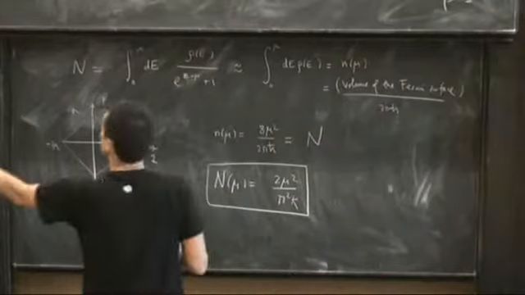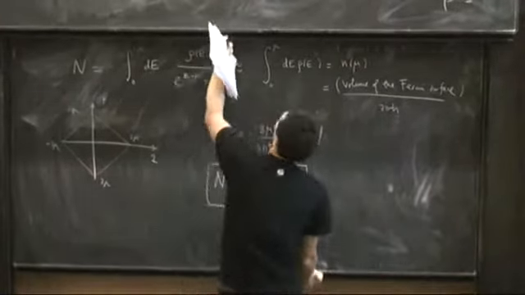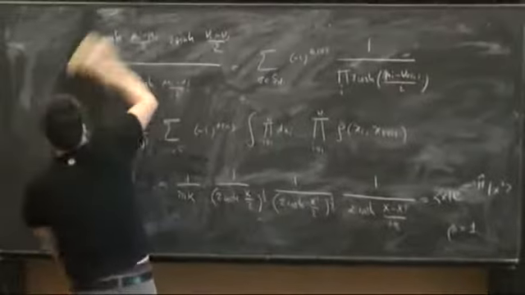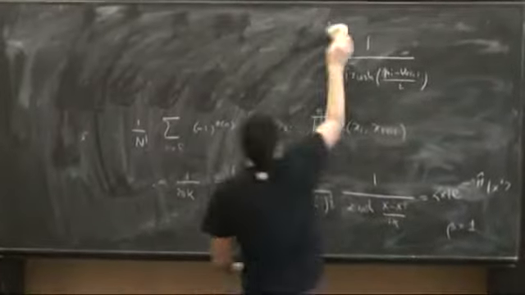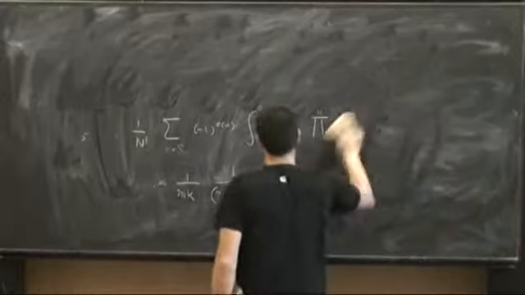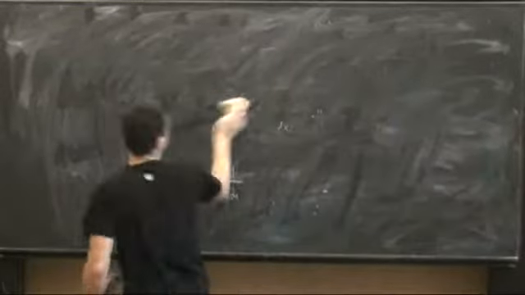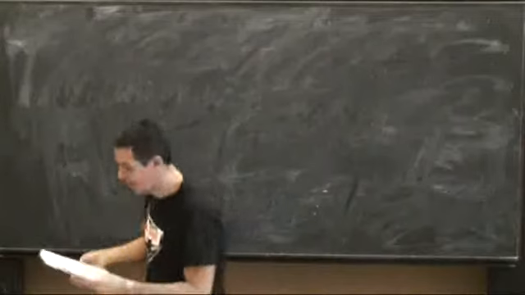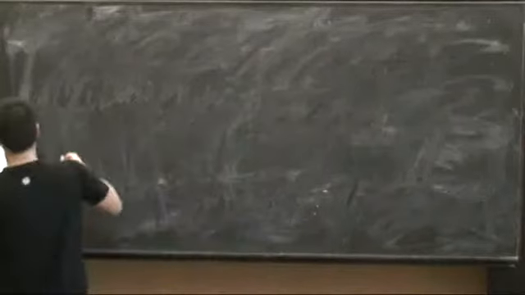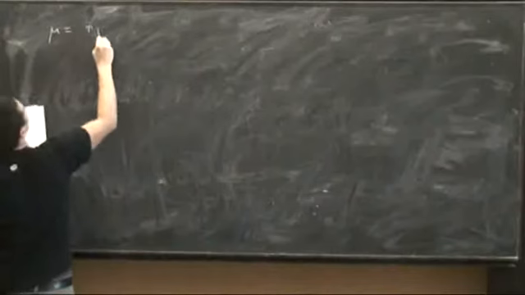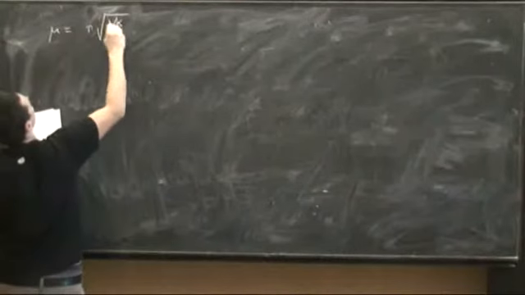Just go to these equations. And, well, first of all, you notice that mu is actually pi square root of nk over 2.